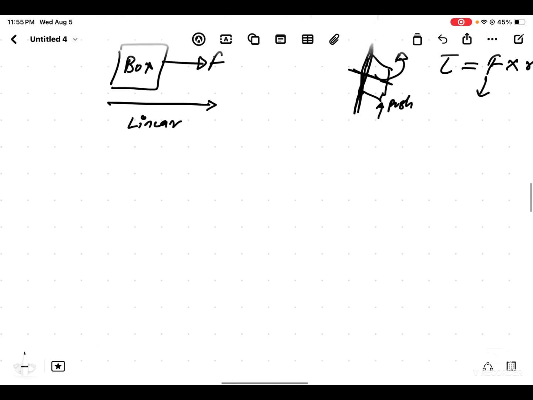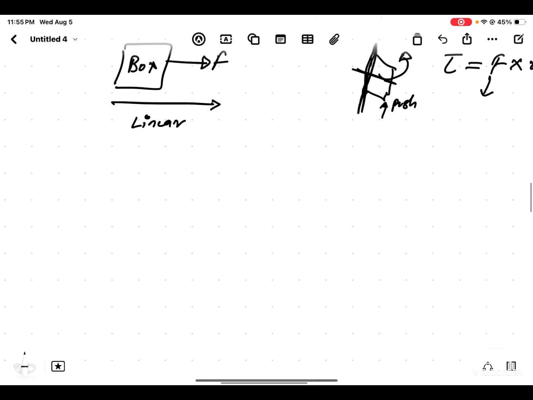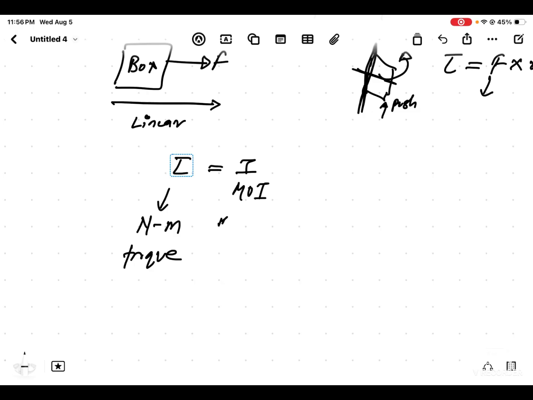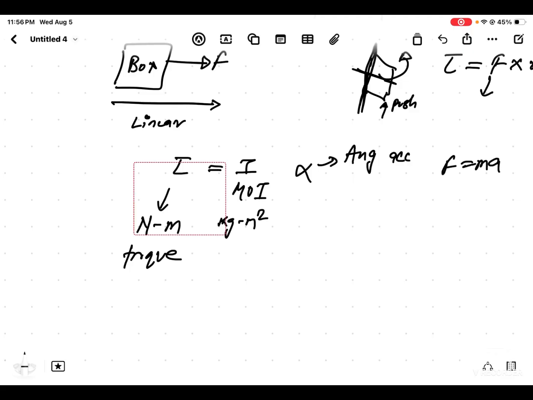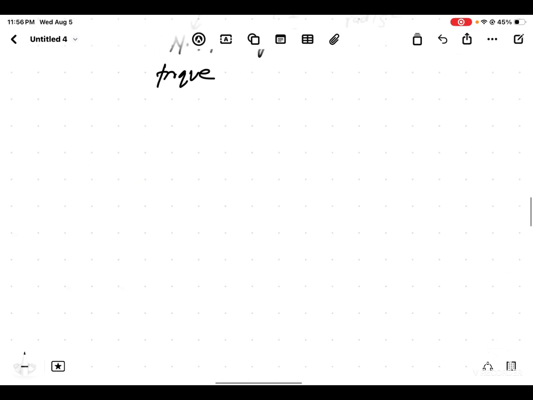So yeah, we have torque in Newton meter, I, moment of inertia, in kg per meter square, and alpha, angular acceleration, just like we had F equals m a, in radian per second square.